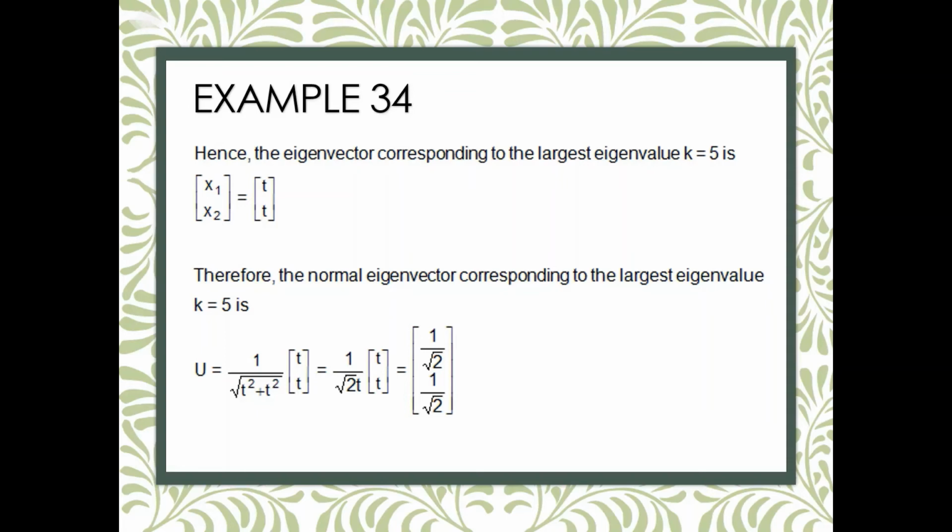Substitute this into the formula of normal eigenvector, that is x over its magnitude, and simplify, you should obtain the following answer for the normal eigenvector. Take note that the answer for the normal eigenvector is in value only, no more t inside.